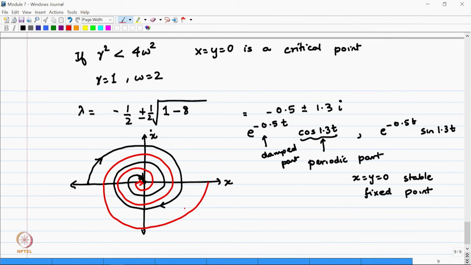These are two trajectories. That means if you start here, you will go like this all the way till you end up here. This point is called a spiral point, because each trajectory will spiral. Based on where you start, you will end up with one of these spirals, and notice that spirals do not intersect.